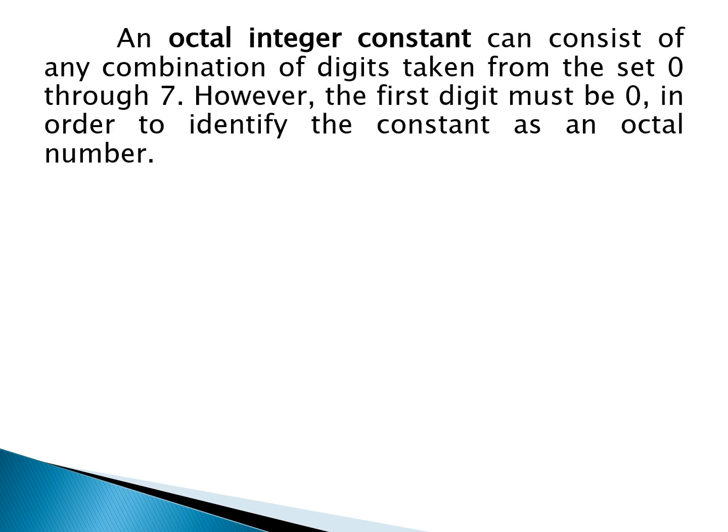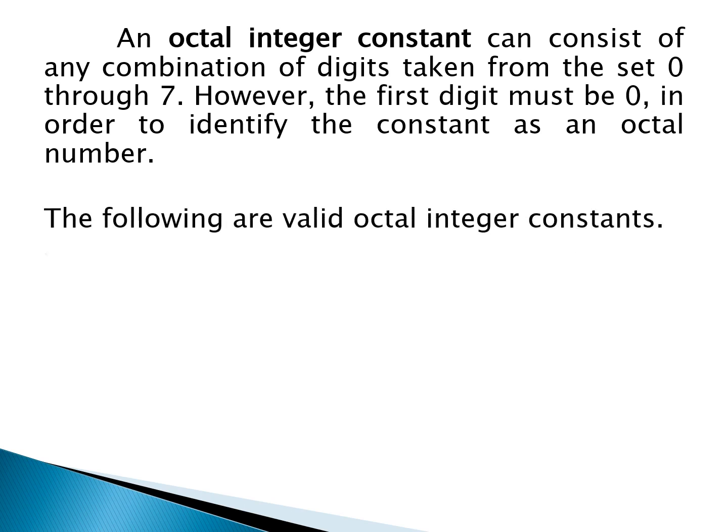Then the octal integer constant. An octal integer constant can consist of any combination of digits from the set 0 to 7. However, the first digit must be 0 in order to identify the constant as an octal number.